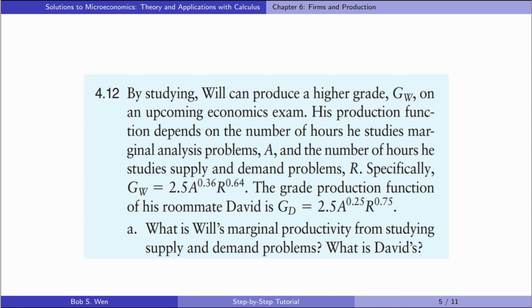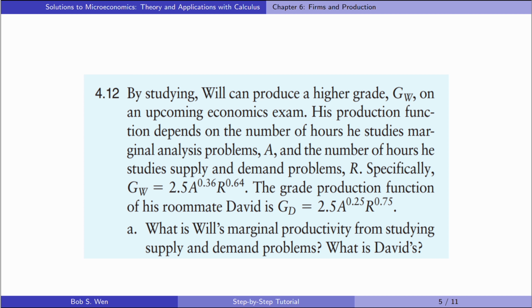Let's solve exercise 4.12. By studying, Will can produce a higher grade on an upcoming economics exam. His production function depends on the number of hours he studies marginal analysis problems, A, and the number of hours he studies supply and demand problems, R. Specifically, the grade is a Cobb-Douglas production function.